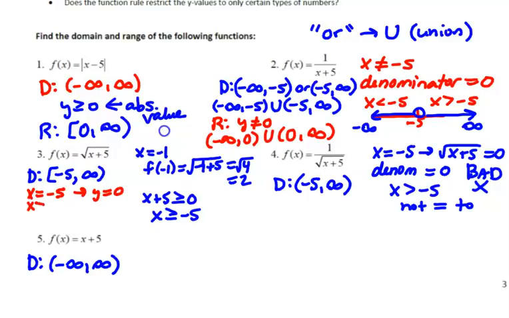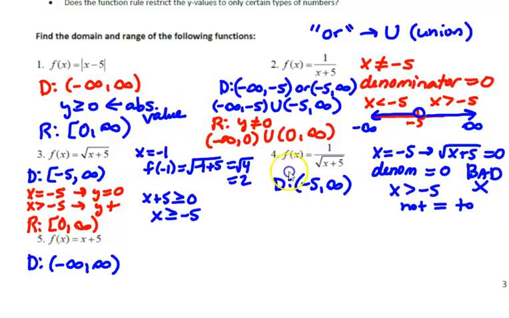If x is greater than negative 5, then that just makes y a positive number, a number bigger than 0. So for the range, we can just say that y is greater than or equal to 0, because this value of x gives me 0 for y. Anything bigger gives me a number that's bigger for y. So 0 to infinity.